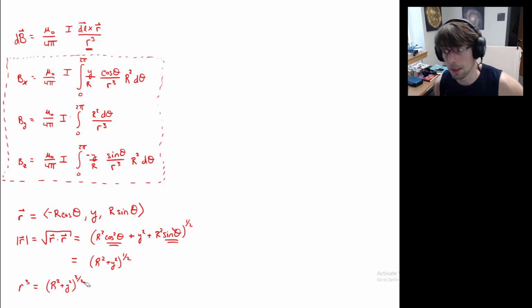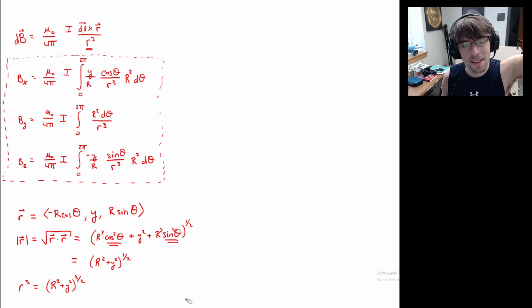Yes, it looks ugly, don't get me wrong. But big R is a constant, just the radius of the circle. And y is also a constant, the distance above the loop. So the upshot here is that these integrations just got wicked easy. Let's take a look at the x component one for a moment.